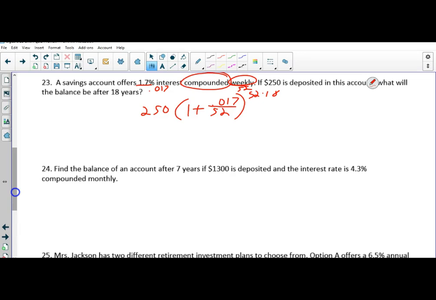So we do 0.017 divided by 52 plus 1 raised to the power of 52 times 18 times $250. And that's going to give us $339.478. So 48 cents.